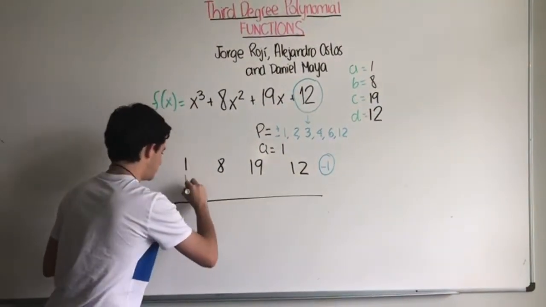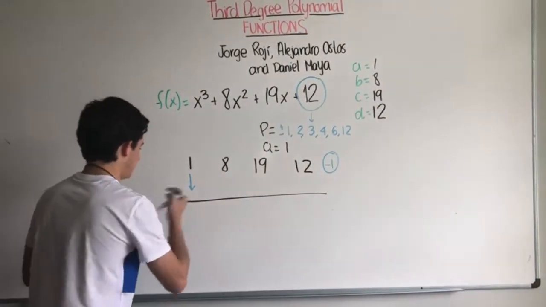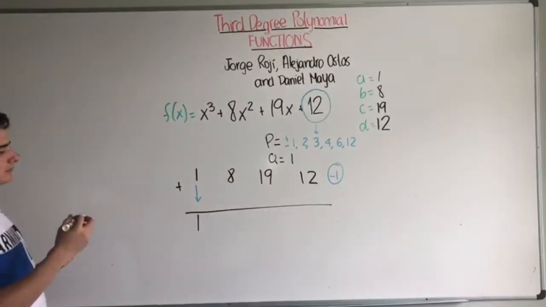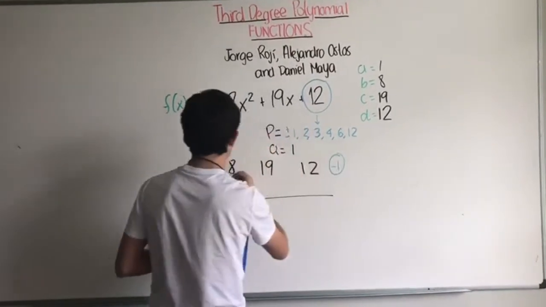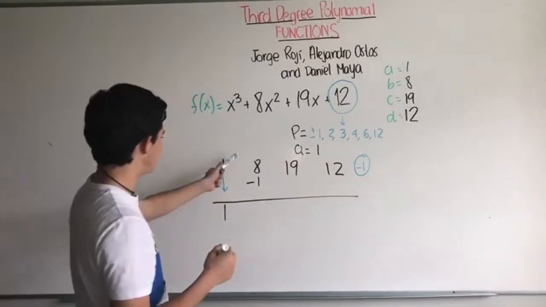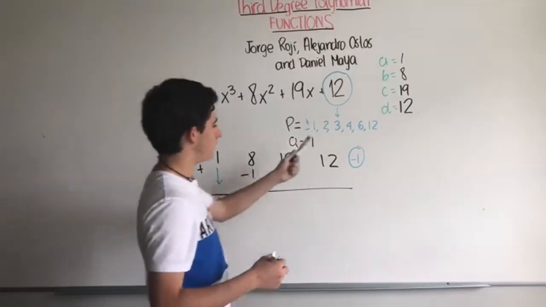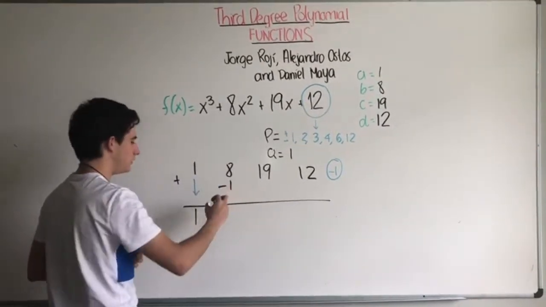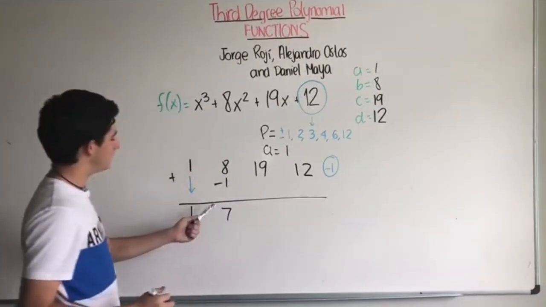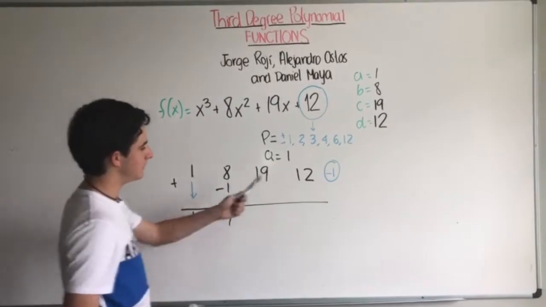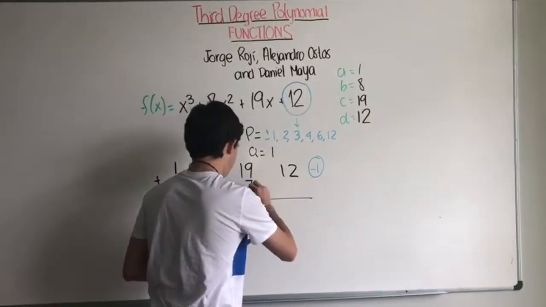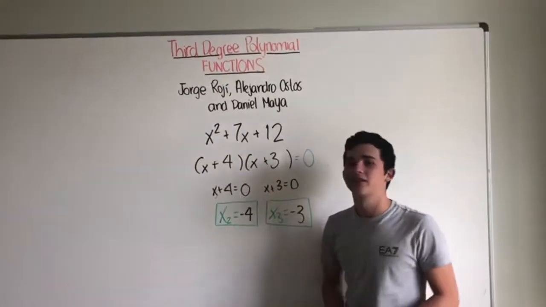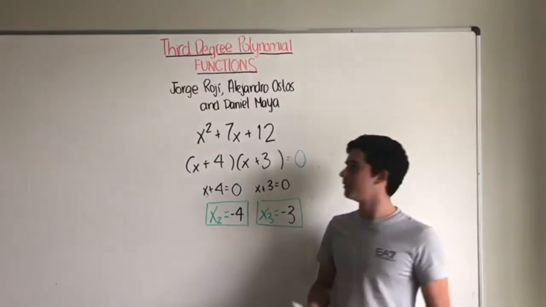First you just pass 1 right here, and then you multiply 1 times -1, which is -1, and you do the same for all of the next values. Here you add 8 minus 1, which is 7. You multiply 7 times -1, which is -7. 19 minus 7.